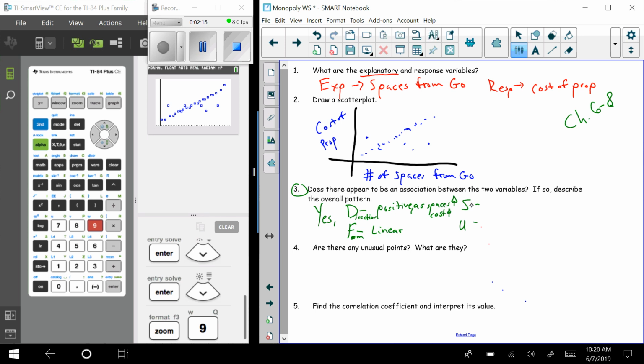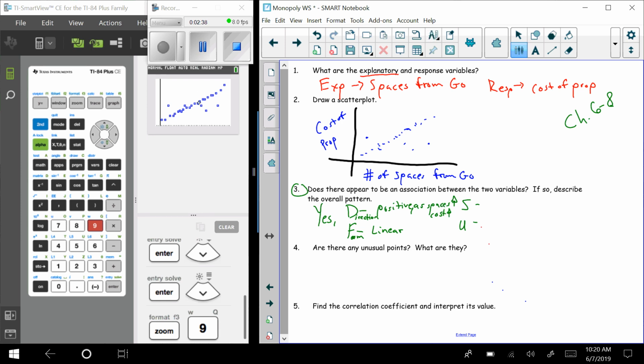Moving on to S. S is the strength, not the shape, the strength. Does it appear to be like a tight line? Is it pretty close? This one's always tough to do just by looking at the scatter plot. We have a different way of interpreting the strength, which we're going to get to later in the examples.